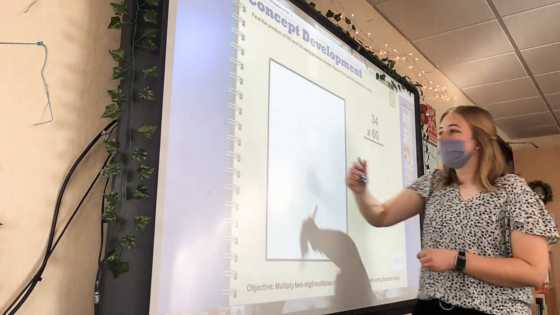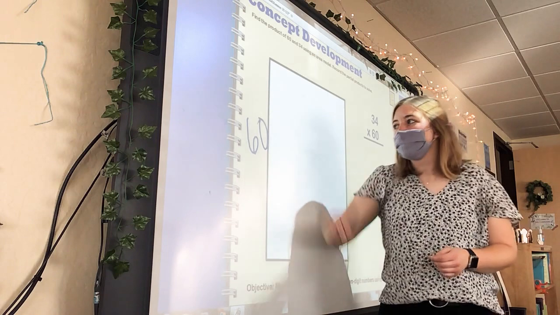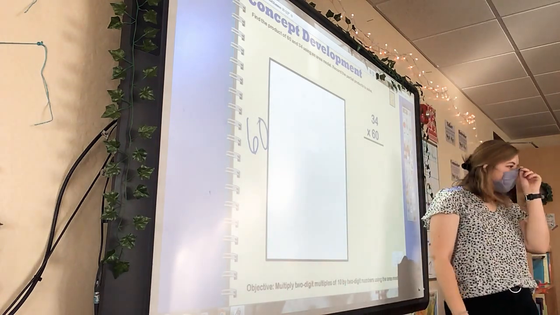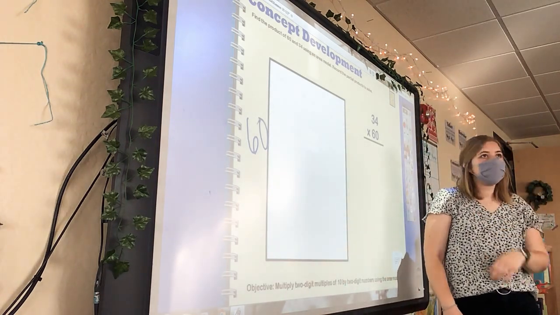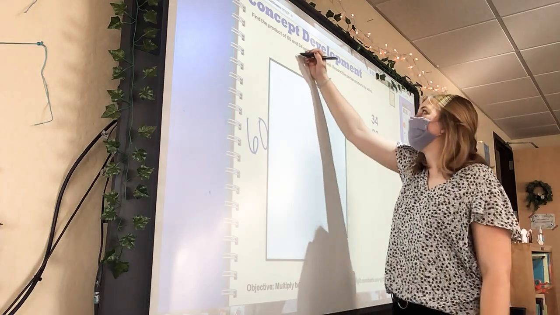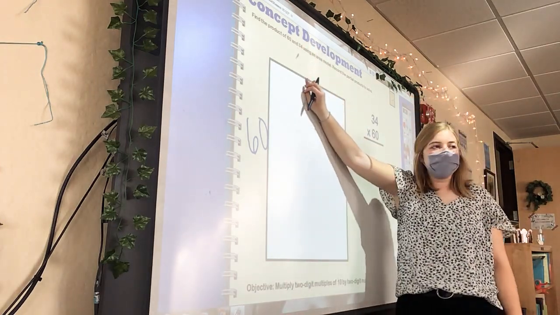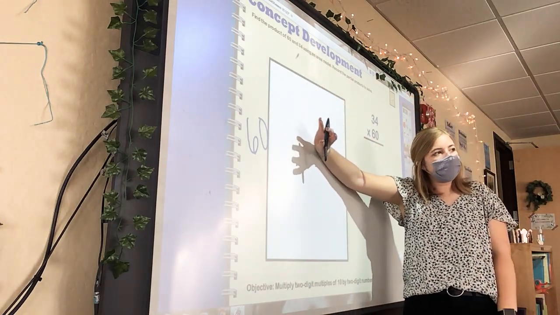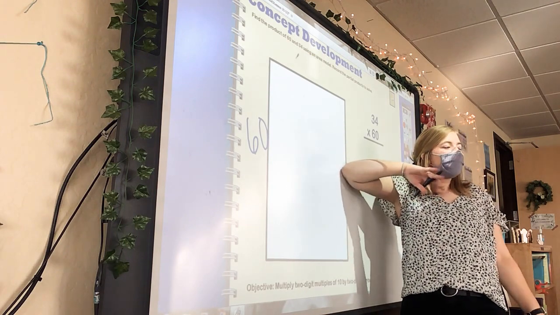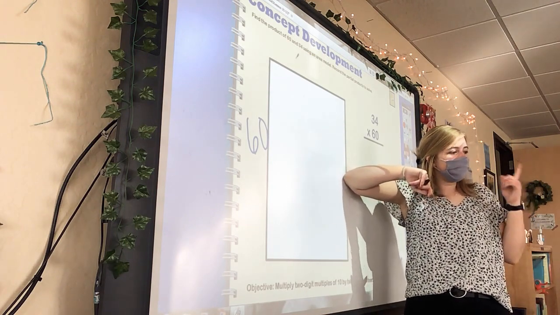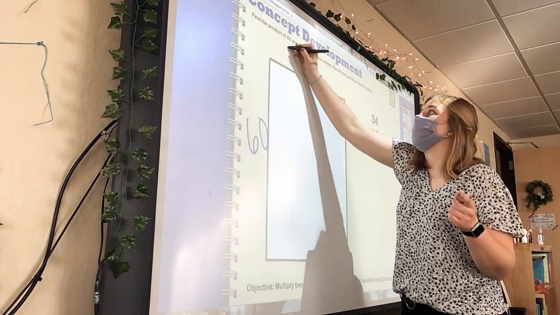So again, one side is one of the numbers. It doesn't matter which one. The other one is the other side, right? 34 can be split up into 30 plus 4, right? Class, what form is that in again? Expanded. Good, expanded form.